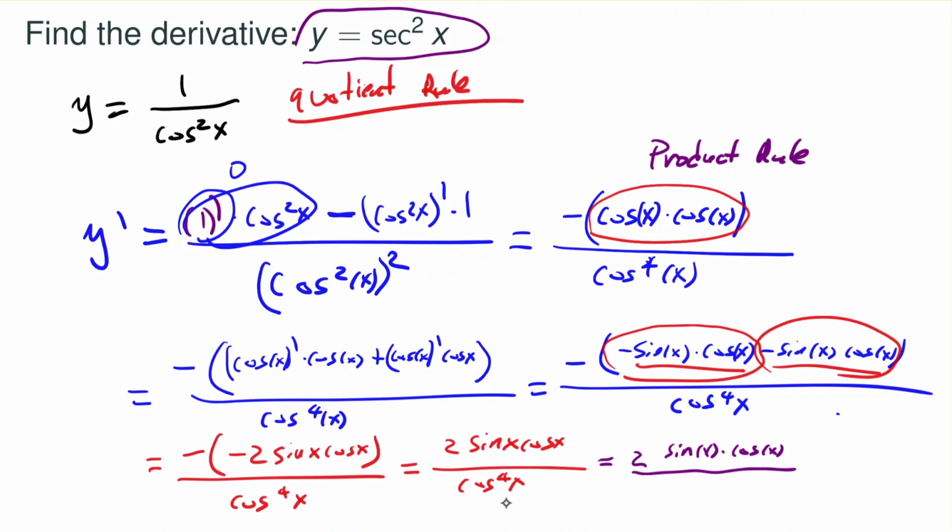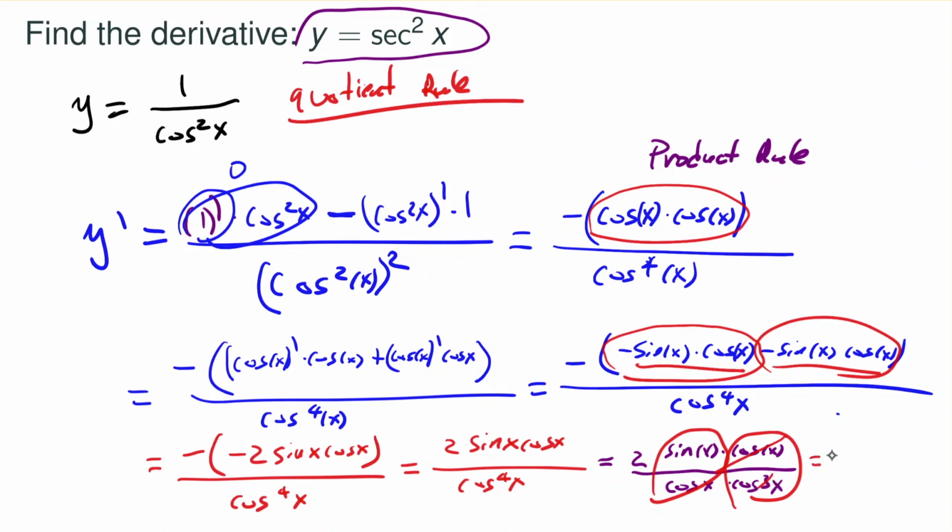Cosine x, cosine x, cosine x, cosine x. So I can rewrite it as cosine x times cosine x to the third power. So this portion becomes tangent. This portion simplifies, one of them cancels out, so I have only cosine square.